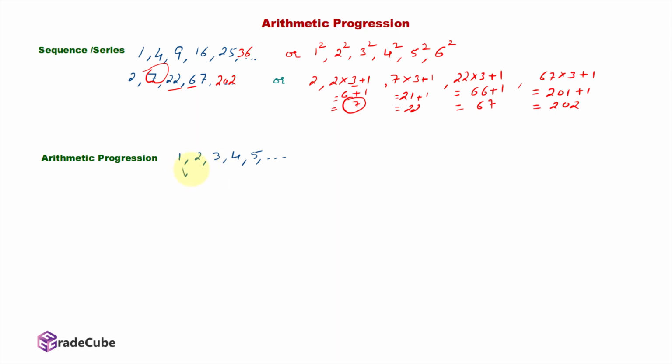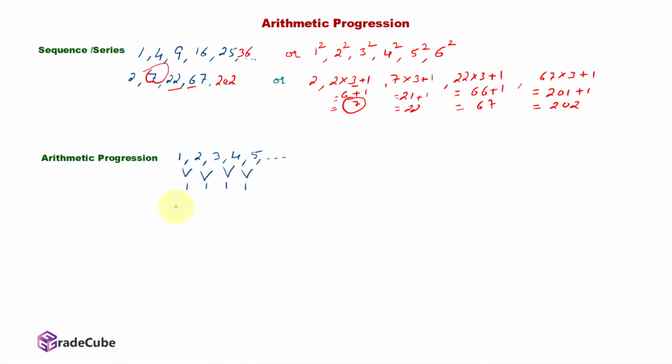Let us check the difference between the consecutive terms. Here the difference is 1. Again the difference is 1. Again 4 and 3, difference is 1. Difference between 5 and 4 is 1. So each successive term is 1 more than the previous term. That's why it is an arithmetic progression.